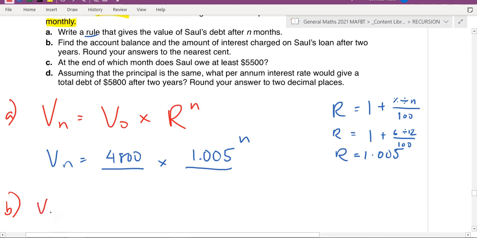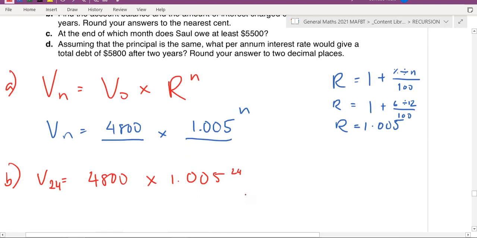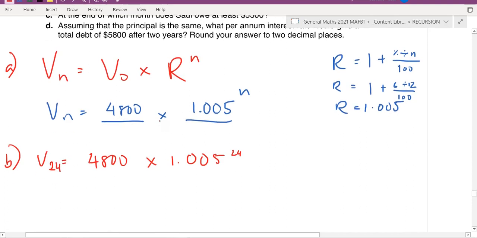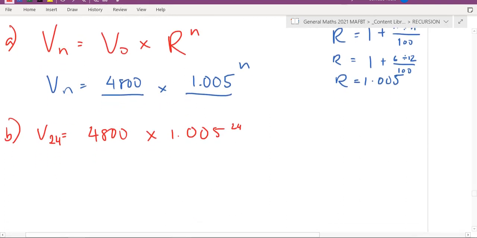So it's going to be V24 equals V0, which is 4,800, times 1.005 to the power of 24. My bad, V24. You're looking for the 24th term, so using your formula, put that in.